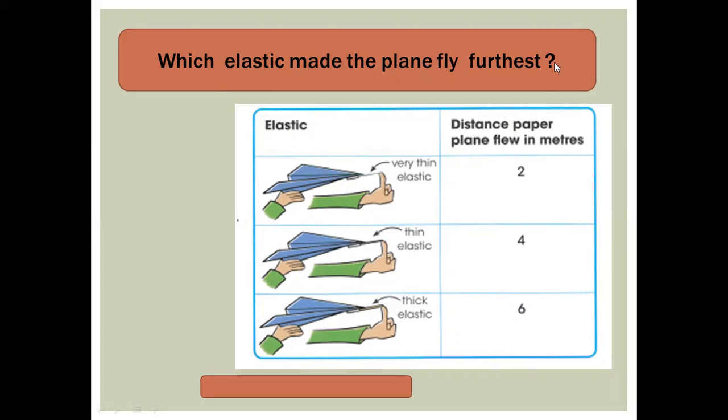So plane number C, thick elastic. You can see on the screen that it flew the plane 6 meters away. So you will write thick elastic in front of the question. Thick elastic made the plane fly farthest.